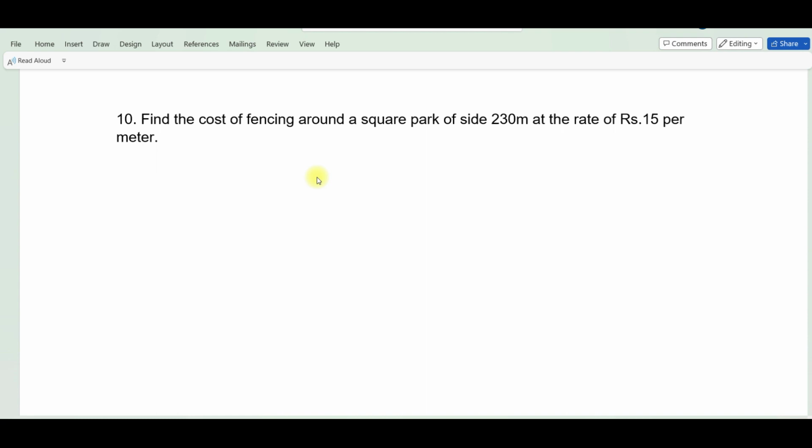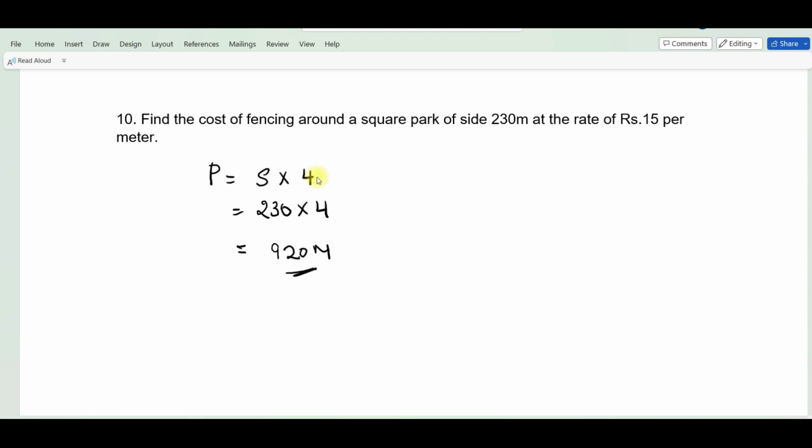So let's understand. The perimeter of a square would be S into 4, that is side into 4. The side is given as 230 and you have 4 sides of it. So after calculating this you get 920 meters.